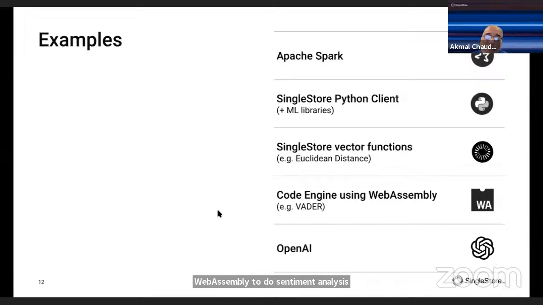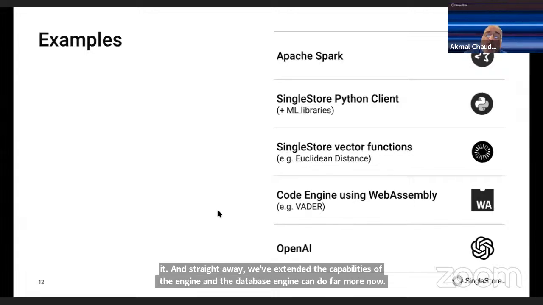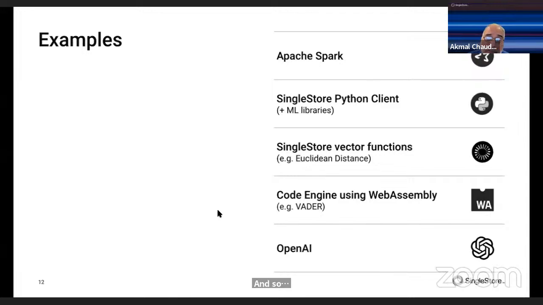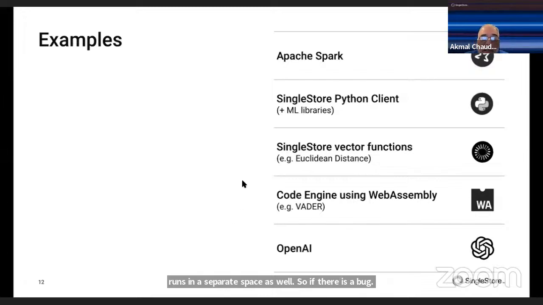We used a library called VADER, Valence Aware Dictionary and Sentiment Reasoner, and that's been packaged up for us. It's already in the cloud. We may just make use of it, and straight away, we've extended the capabilities of the engine, and the database engine can do far more now. And this code runs in a separate space as well, so if there is a bug, you don't bring the entire system crashing down. That's a very useful feature. And again, a variety of languages are supported there, for example C, C++, Rust, and so on.